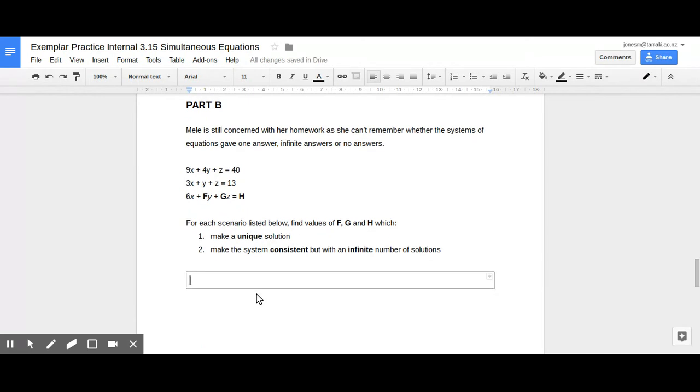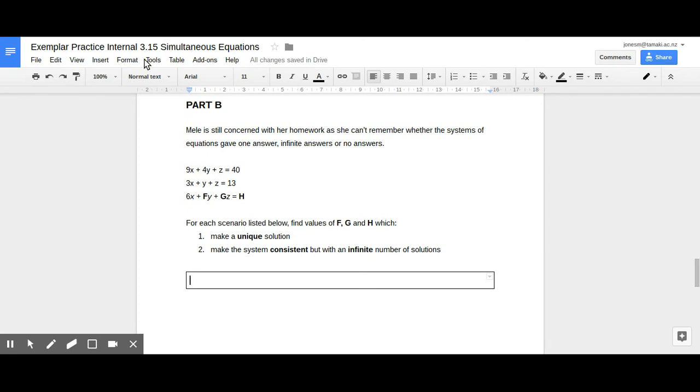Okay, so to make the system consistent but with an infinite number of solutions, we're going to change f and g and h, and these other two equations are going to remain the same.